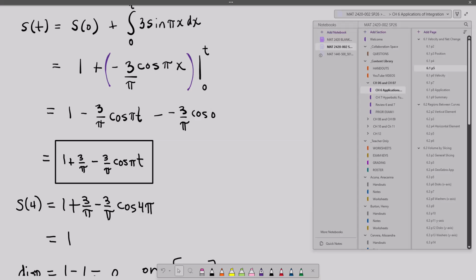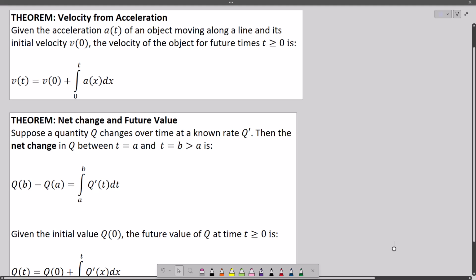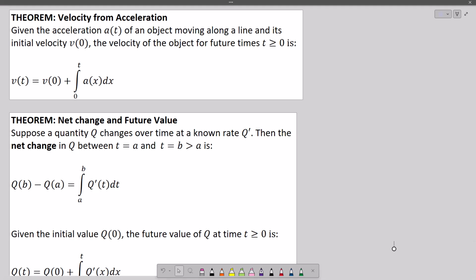All right, let's up the ante a little bit, and let's include acceleration. As you've learned in Calc 1 and possibly physics, if you integrate position, I said that backwards. If you integrate velocity, you get to position, right?